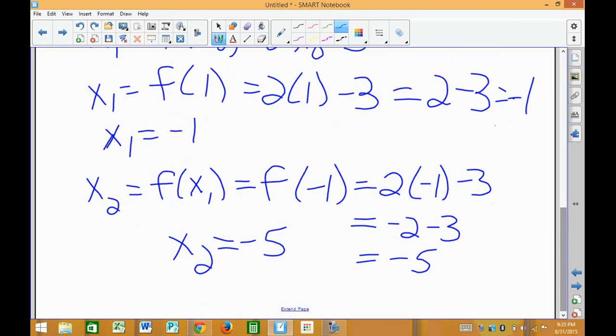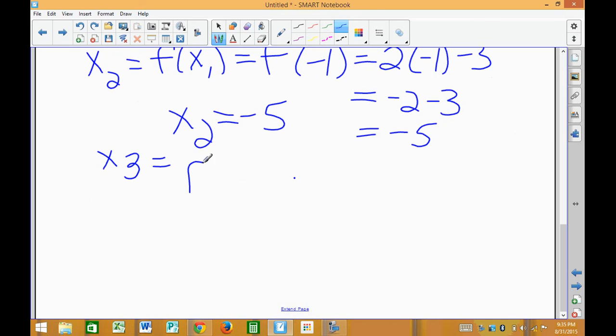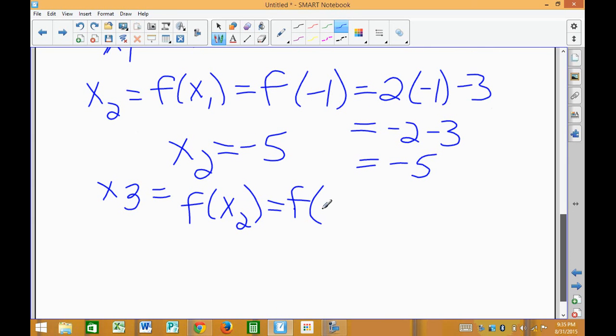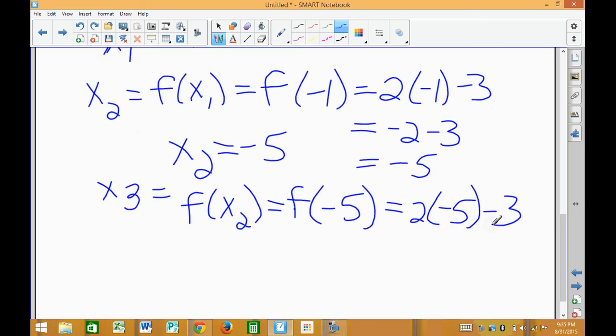And to find x sub 3, you're just going to find f of x sub 2. So f of x sub 2 is negative 5, or 2 times negative 5 minus 3, or negative 10 minus 3, negative 13.